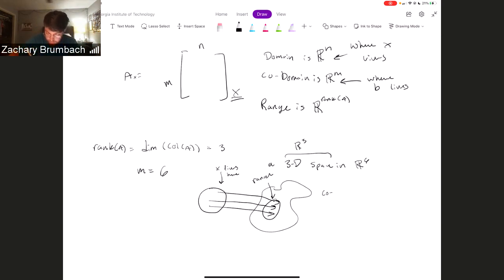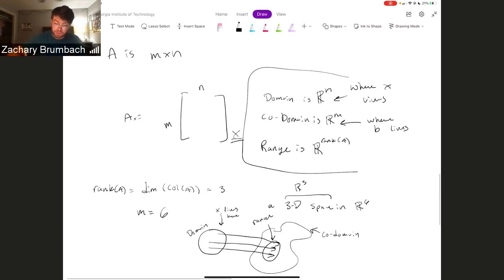This circle is our codomain. Okay. Because our range is within the codomain. And this is our domain. It's a little tricky to think about, but this is more technical. But this right here is how you will always find it. This is always true. Okay.